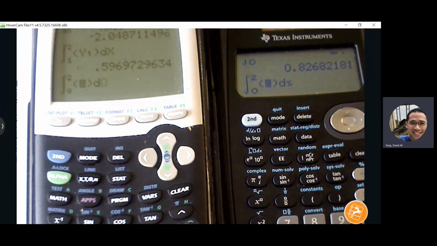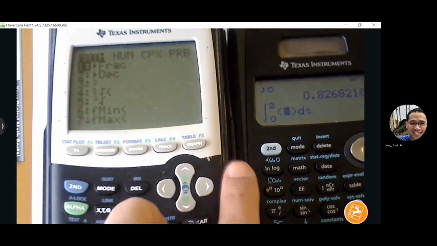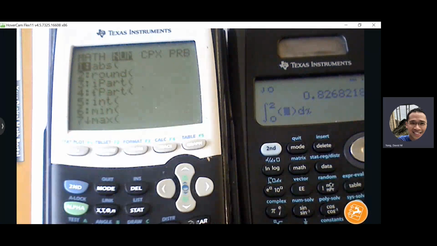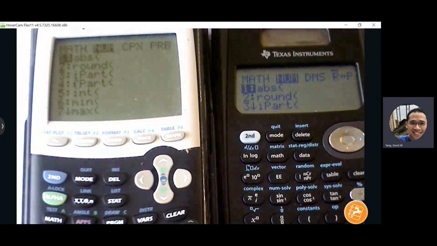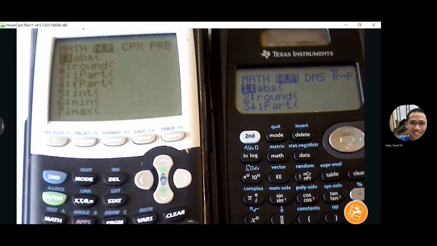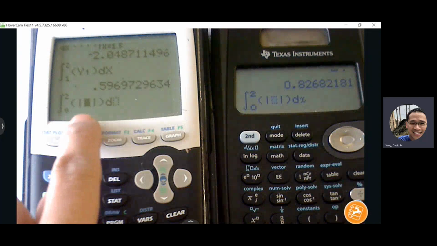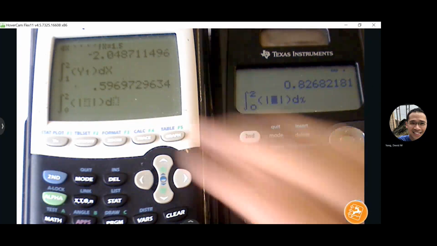So you have to find your absolute value button. If you go to Math, Number, you see that top option there, ABS. ABS is absolute value. So again, Math, Number, it's in the same location. And so you're just going to insert your velocity function within those absolute value bars.